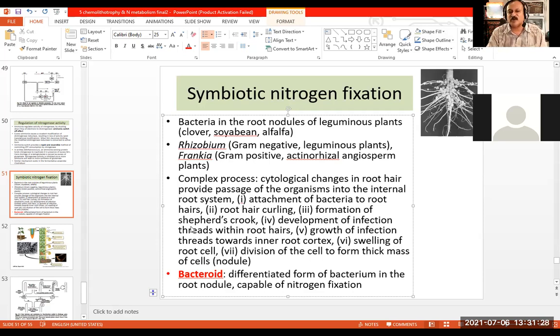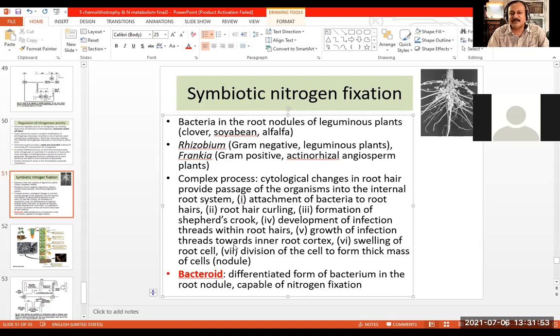There is a formation of a shepherd's crook, the place where the infection will take place, and then the organisms proceed inside the cell. As they infect the root hair, there is something called the infection thread development, which is the path of the organisms entering inside the roots.